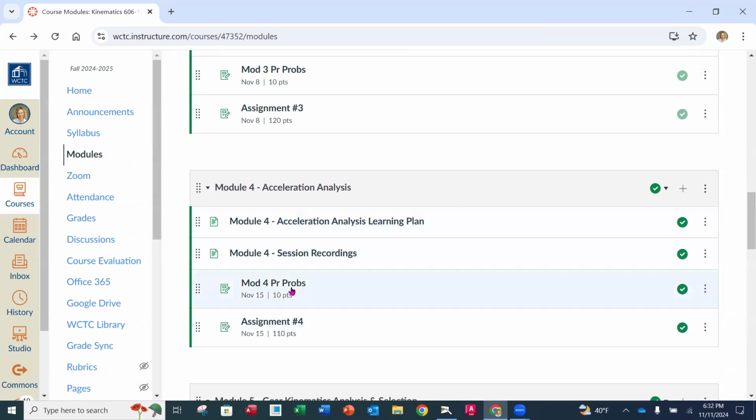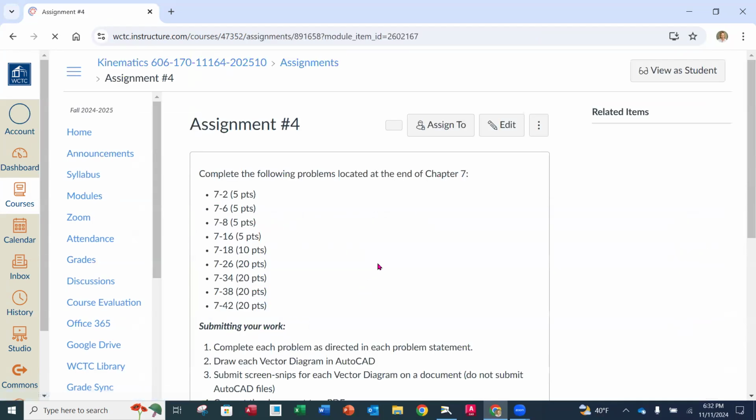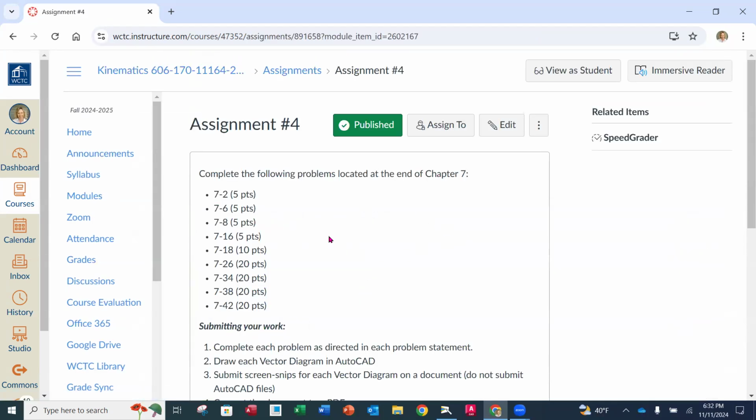But let's take a peek at assignment number 4. I want to see if there's anything that you could start looking at at the end here of chapter 7. So everything is in chapter 7. Let me just circle the ones here.